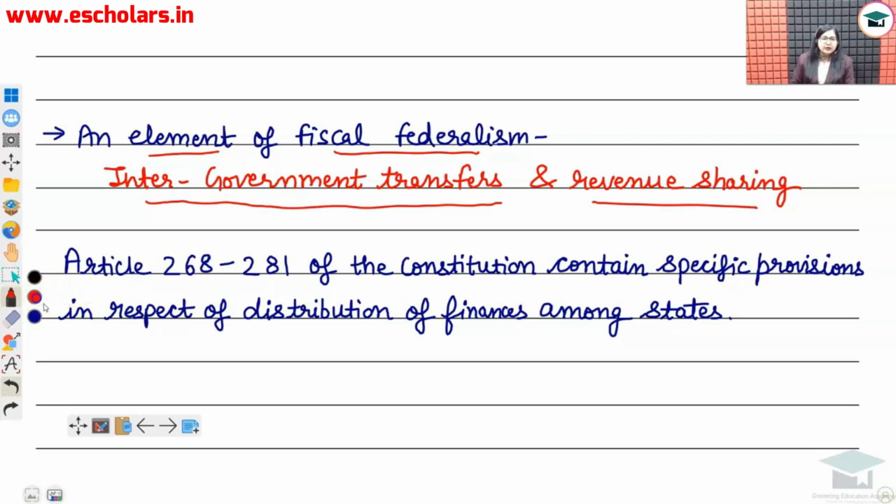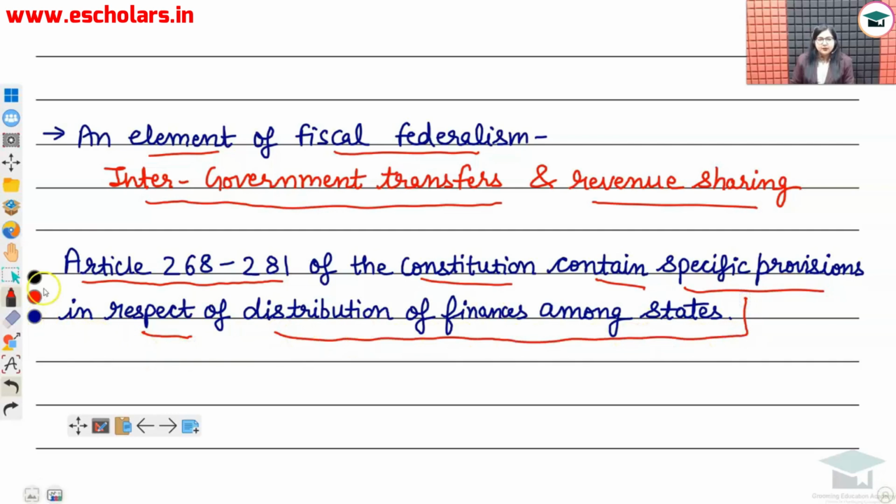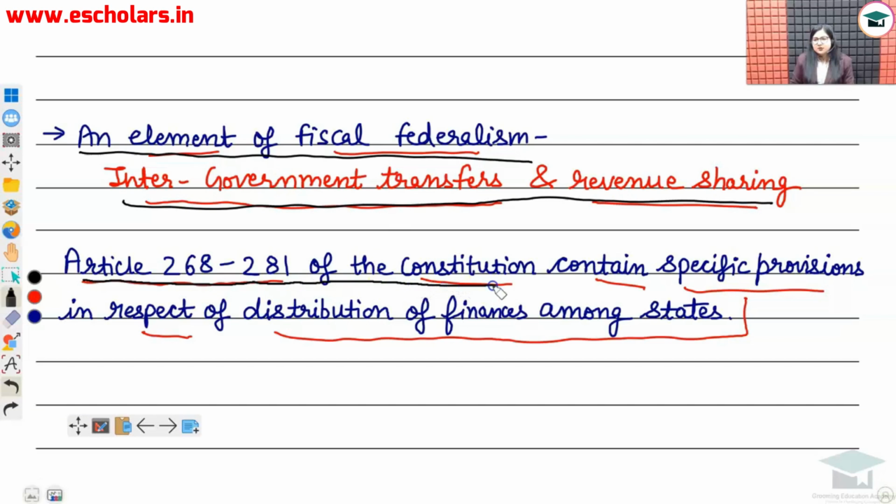In our constitution, Article 268 to 281 contains specific provisions in respect of distribution of finances among states. So let's have a look. An element of fiscal federalism, that is intergovernment transfers and revenue sharing. Article 268 to 281 of the Constitution contains specific provisions in respect of distribution of finances among states.